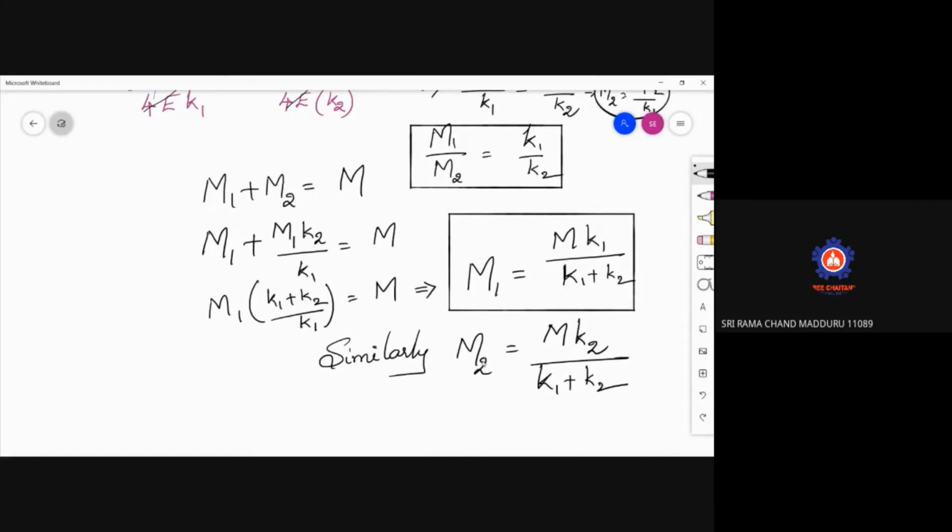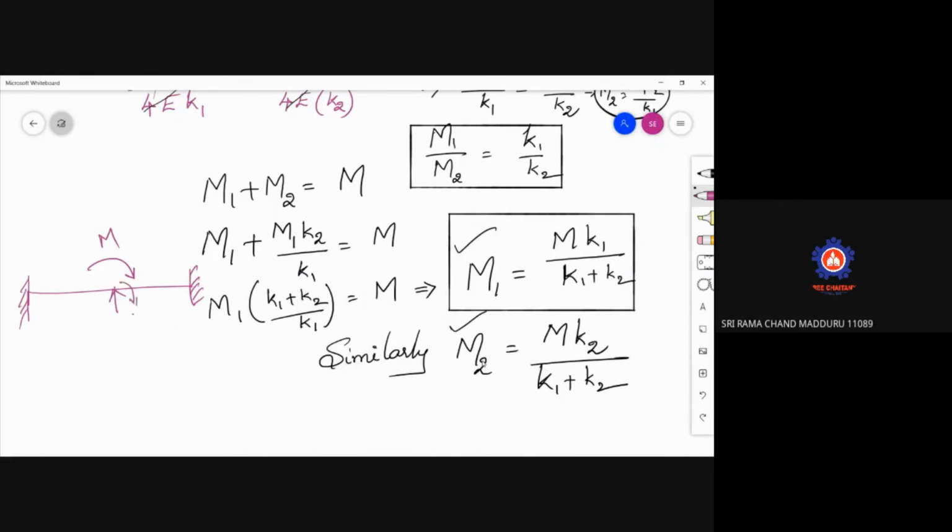Just understand the significance of these equations for M1 and M2. Your continuous beam has one end fixed, and this is the continuous support. When you apply a moment, it is distributed like this.